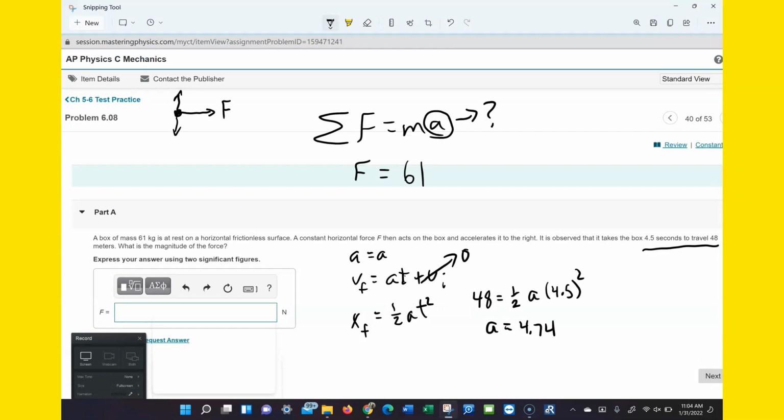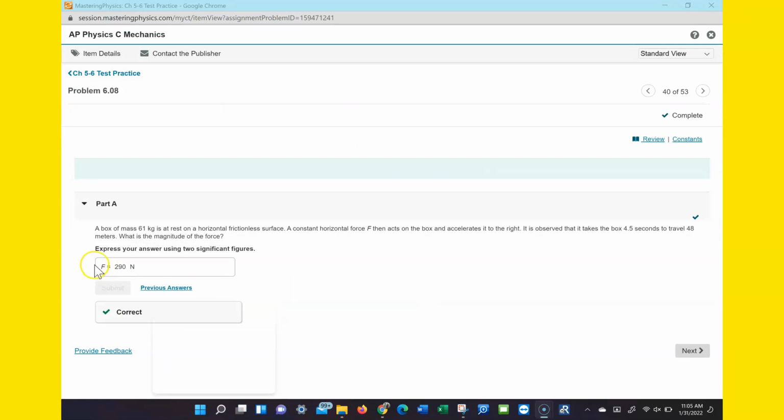Now that I know that, I just put in 4.74 for the acceleration there, and then multiply the mass times that acceleration, and I get the force to be 289.2, or if I go to two significant figures, I guess that would be 290. And 290 was the correct answer there.